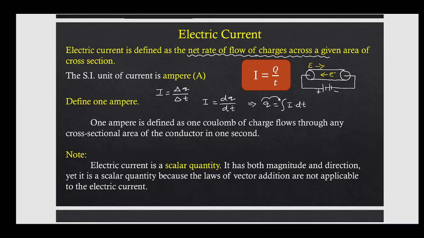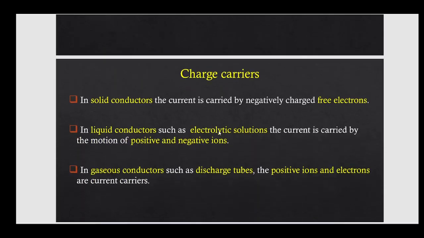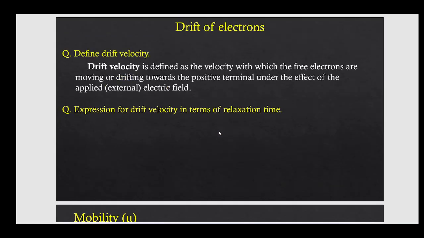This is used in some competitive examinations to find the charge. So this is about charge. I'm just giving you the list of formulae, and we have some theory content also here.